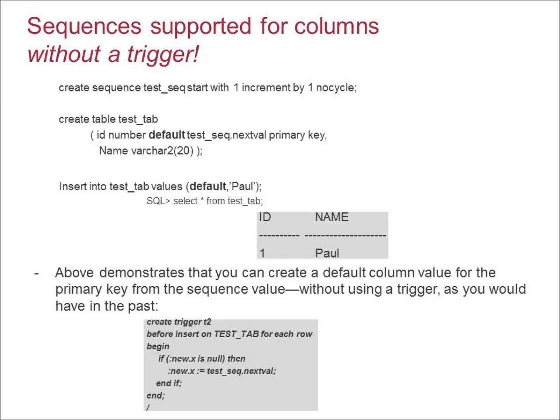But with 12c, rather than using the triggers, now you can create a sequence and then use that sequence as a default sequence for your primary key or for your columns. So let's look at the example.